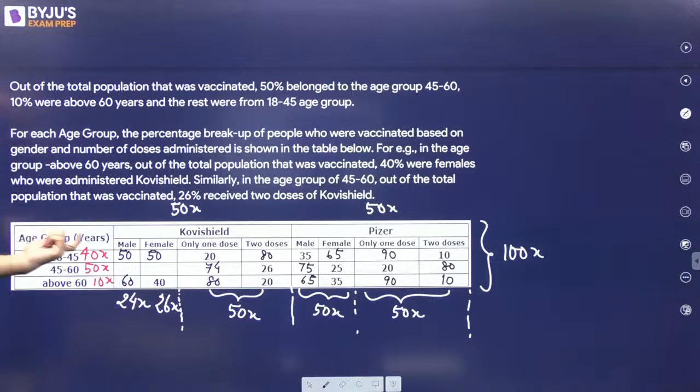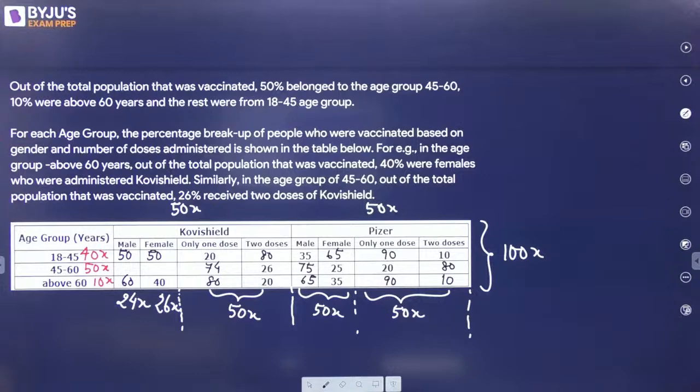Now out of this 40x age group, how many people we have in Covishield and how many go to Pfizer, we have to figure out. Okay, let me give a moment. See, there are two ways to solve this. One is using variables and equations, the other is simply using logic. So I am targeting logic here. Out of 40x, how many people should we give to Covishield?